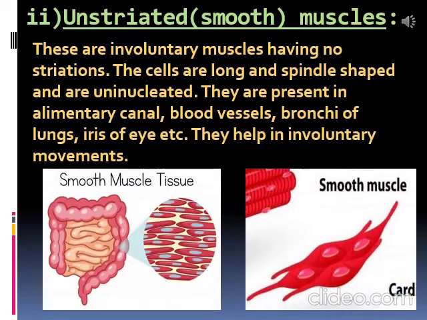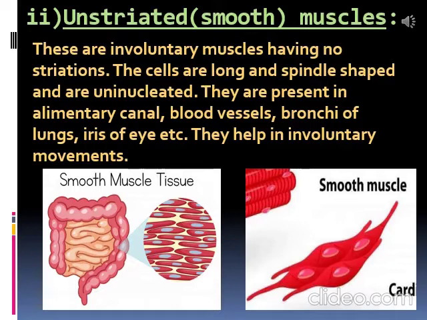Now the second type of muscular tissue is unstriated, meaning no striations are there, so we also call them smooth muscles. These are involuntary muscles having no striations. That's why we call them smooth, and their structure is spindle shaped. Their cells are long and spindle shaped and are uninucleated.